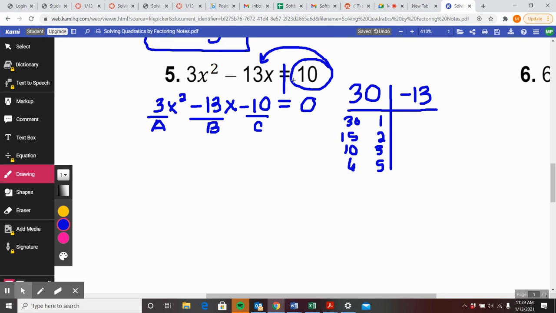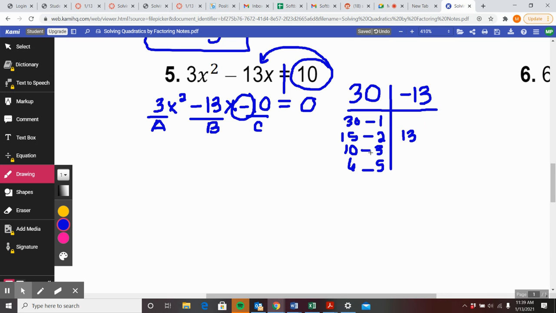Okay, so are we adding or subtracting? Subtracting, right. Because, and that's important because if you added them together, would it be the same factors? No, because 15 minus 2 is what gives me 13.